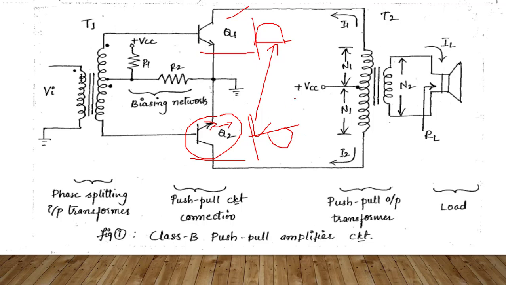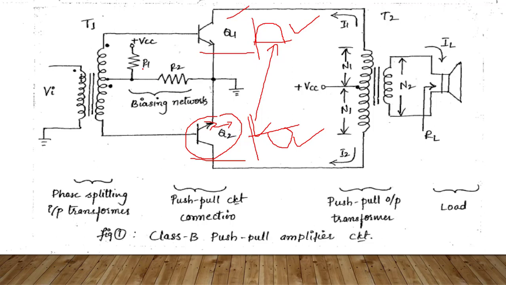Why? Because in class B, the Q point is on the x-axis, so only 180 degrees I will get. And why NPN and PNP? I cannot take both with only the positive side. I want one side positive, another side negative. For that reason we are taking two different types of transistor.